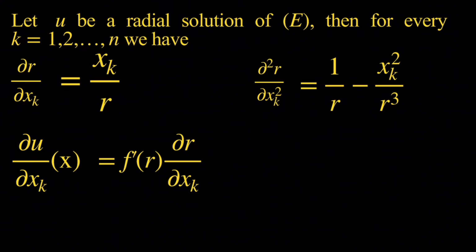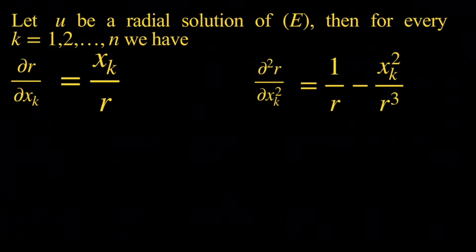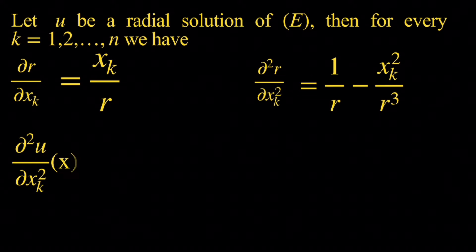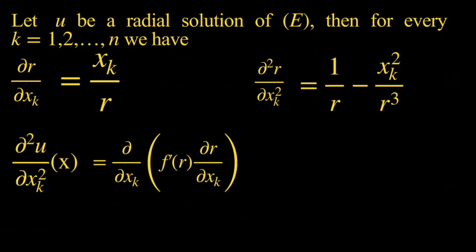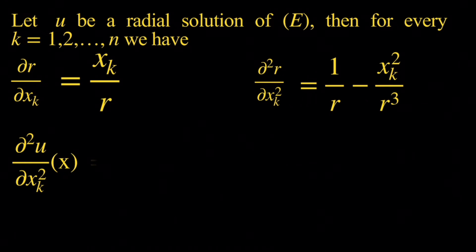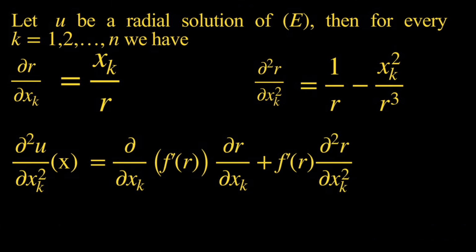Now we can find the second partial derivative of u with respect to xk. And it's going to be equal to the partial derivative with respect to xk of f prime of r times the partial derivative of r with respect to xk. Now we apply the product rule. Okay, by applying the product rule, this is what we're going to get.